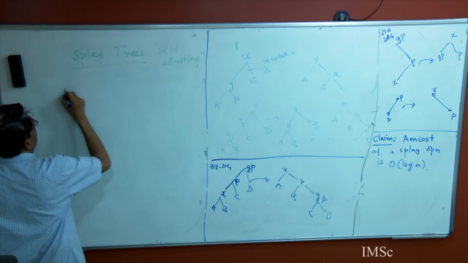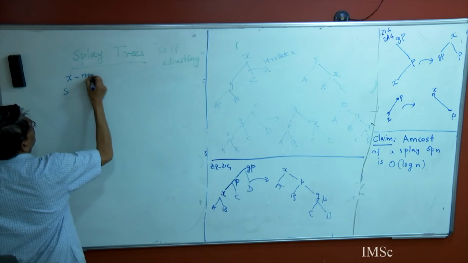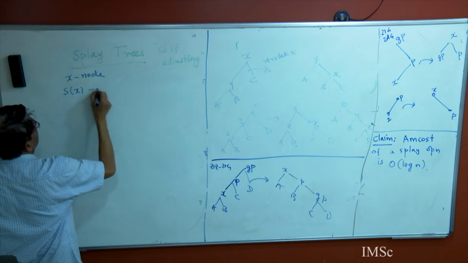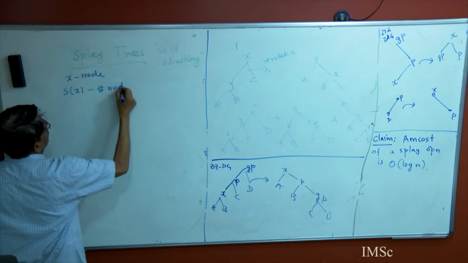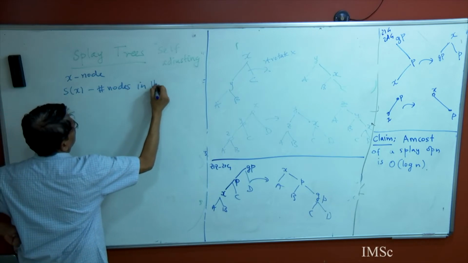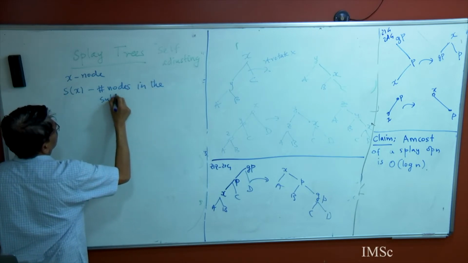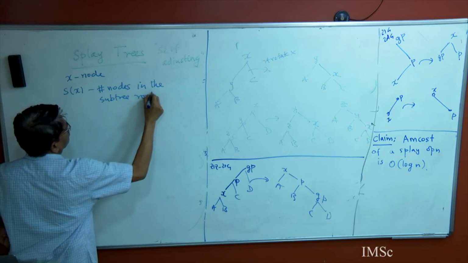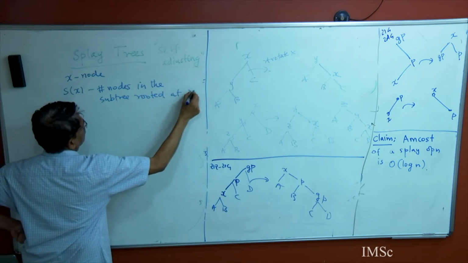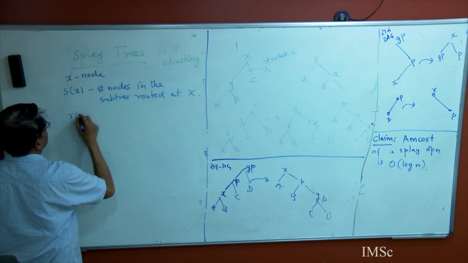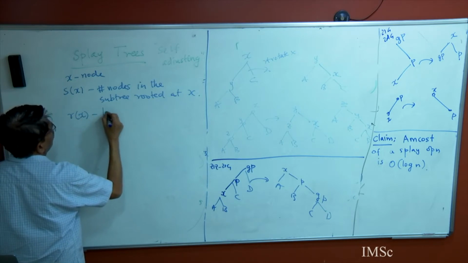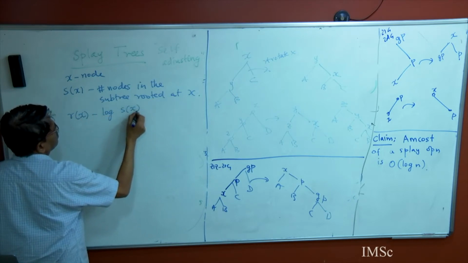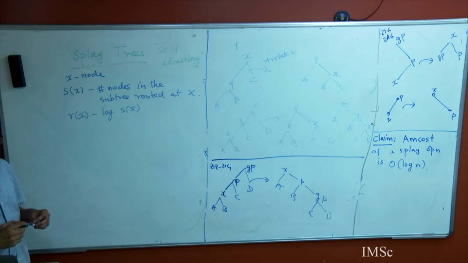For every node x, S of x is the number of nodes in the subtree rooted at x, including x. And R of x is log of S of x.